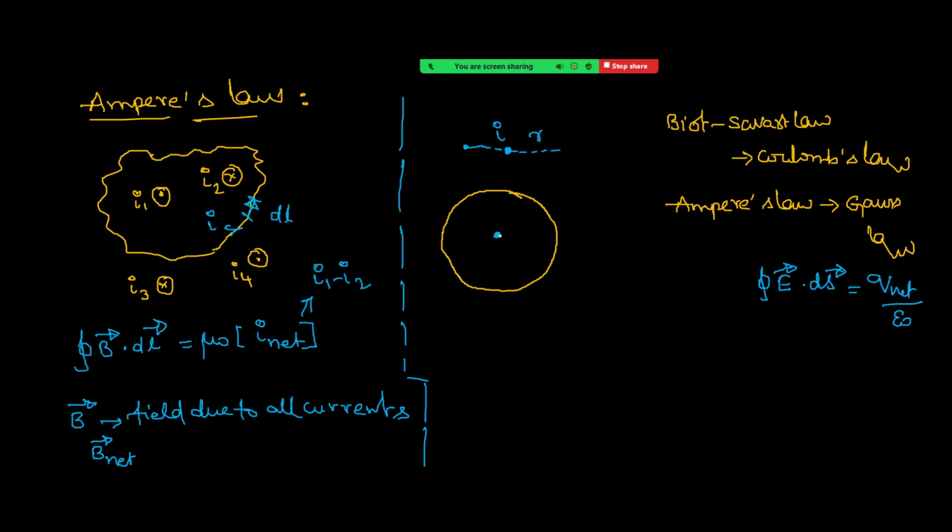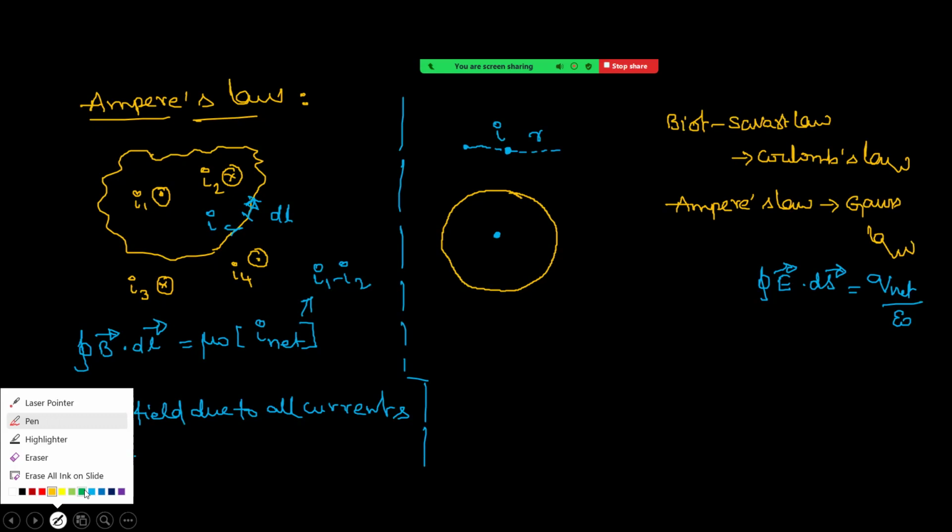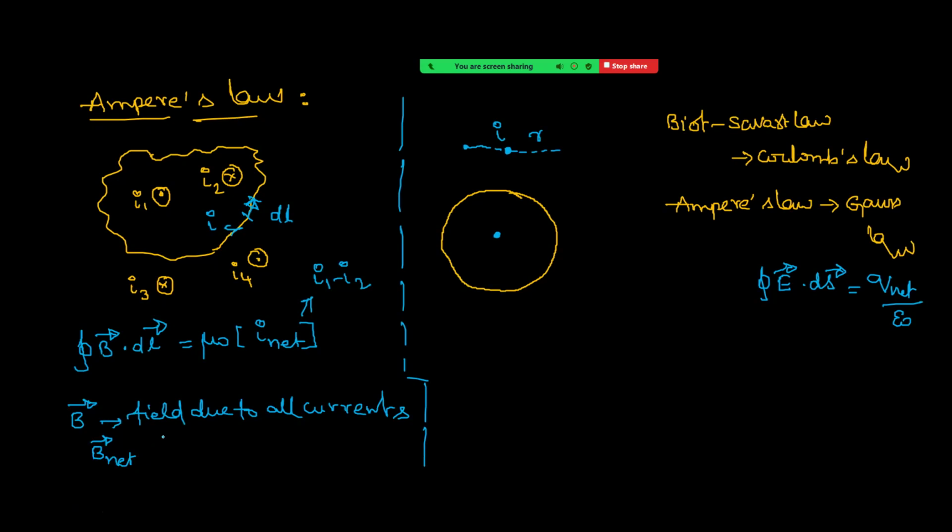If we are taking outwards as positive, then we should take anti-clockwise as positive. So I have to mark an arrow here, anti-clockwise. Since the current is towards us, keep the thumb towards us and curl the fingers of the right hand. That means the magnetic field is as I am showing here.